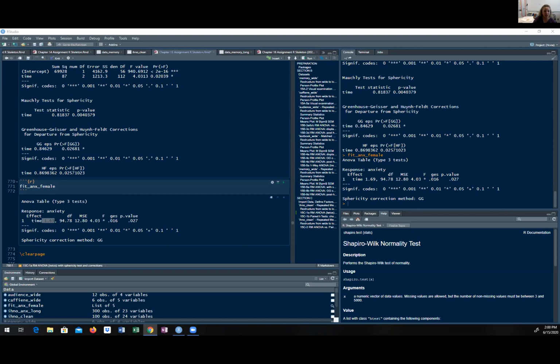So the correct degrees of freedom are the decimal numbers 1.69 and 94.78. You'll notice the F value does not change. To do the Greenhouse-Geisser epsilon correction, you only change the degrees of freedom by multiplying both by that epsilon, and that creates a different p-value. You'll notice the p-value here is the one shown in the bottom part of your summary output.